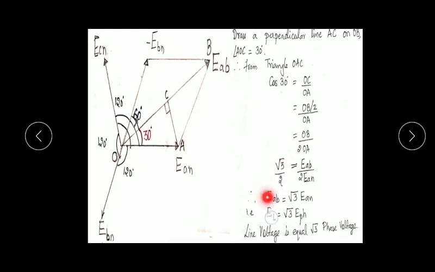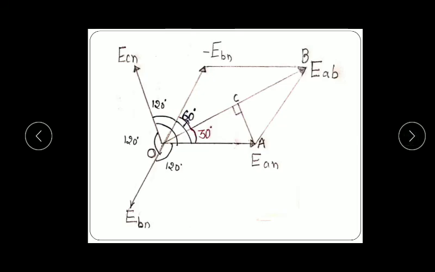Wherein EAB is a line voltage and EAN is the phase voltage. Therefore, the line voltage is equal to root 3 of phase voltage. So this is the clear picture of the vector diagram. This is very important to draw in the exam, which will carry 2 marks.